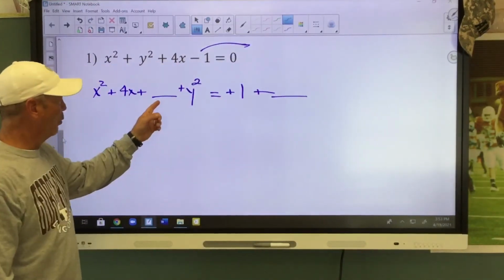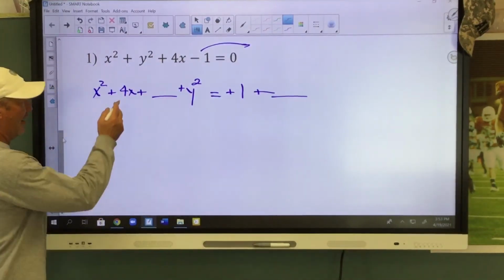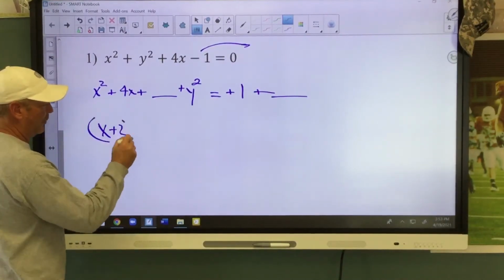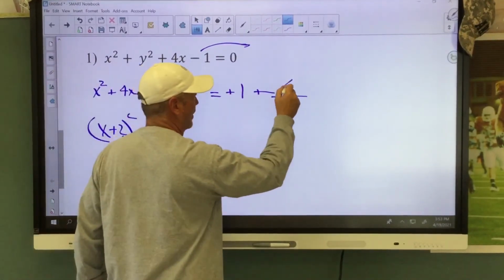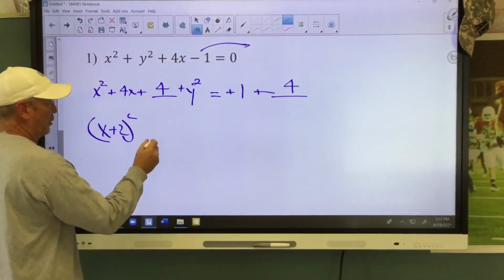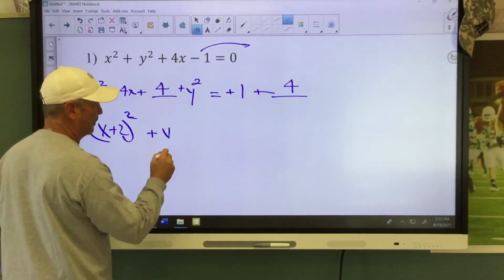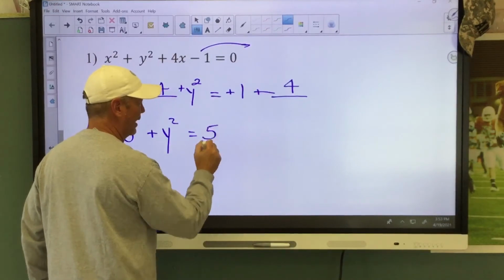We have only 1 blank, so we need only 1 blank over here. Half of 4 is 2. 2 squared is 4. Bring down your y squared. 1 plus 4 equals 5.